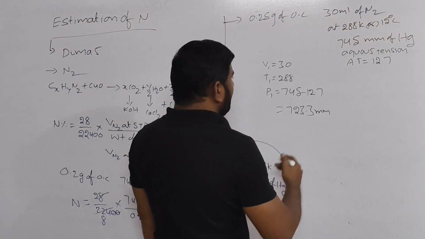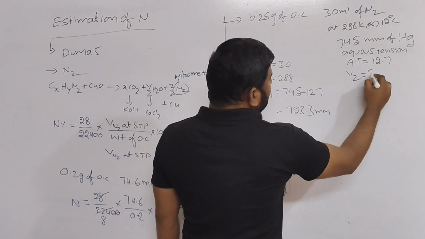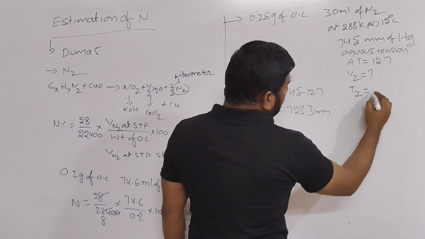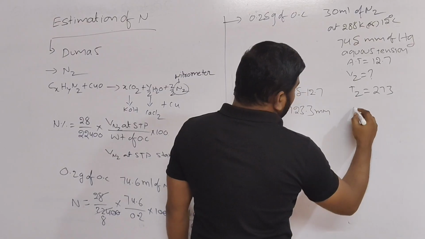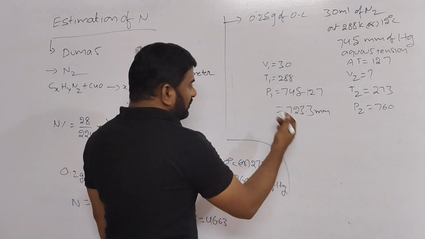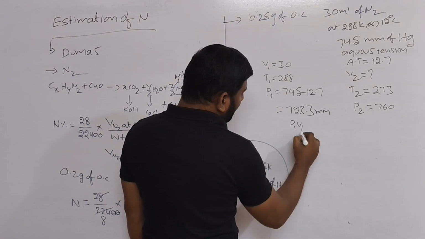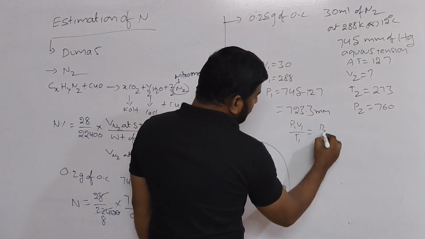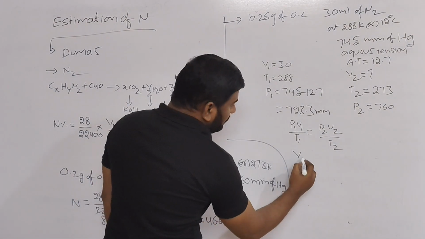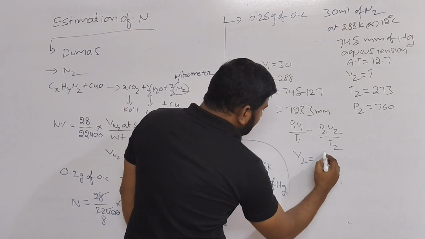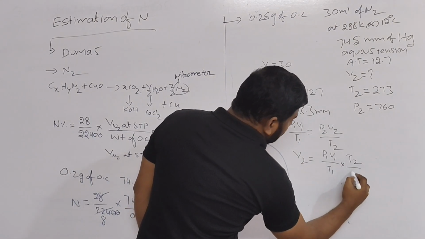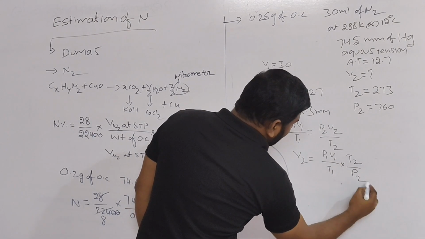This is the P1. Next, V2 is the volume of N2 at STP, which you have to calculate. Here T2 is 273 and P2 is 760. Using these values we can use one formula: P1 V1 by T1 equals P2 V2 by T2. Here we want V2, so V2 equals P1 V1 by T1 into T2 by P2.